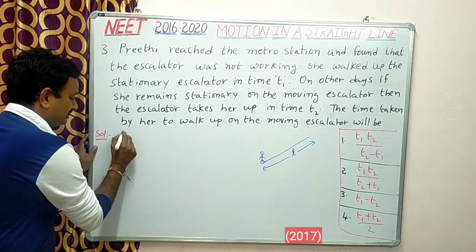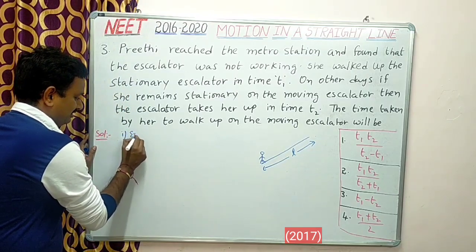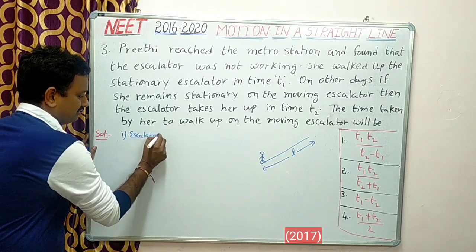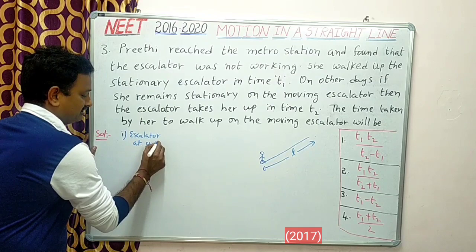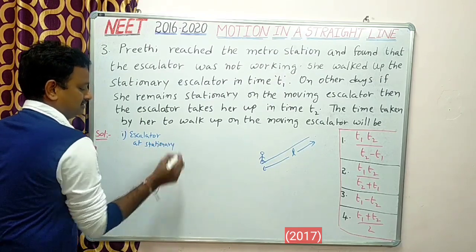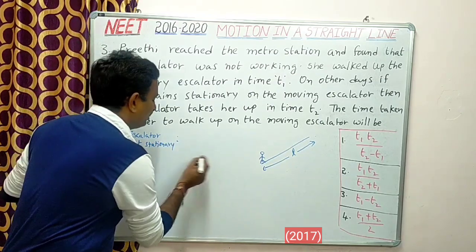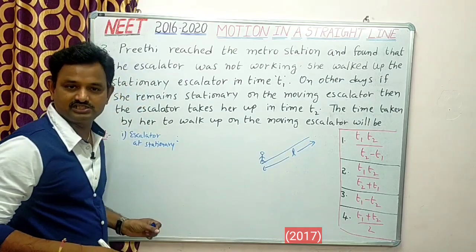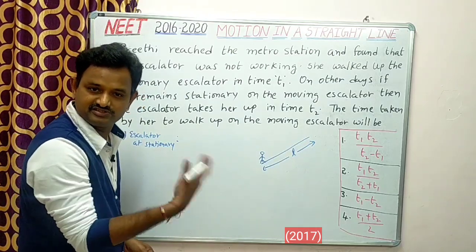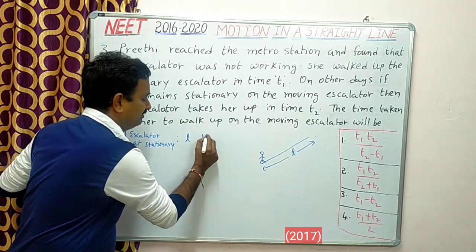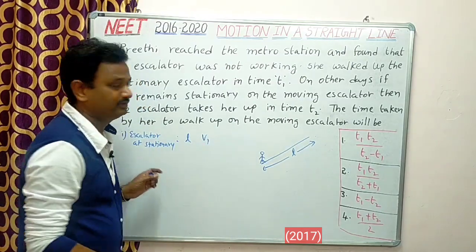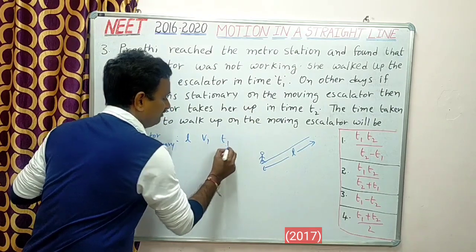See, first case, escalator at stationary position. Okay. So here the distance covered by the escalator is the same. That means length L is the same. And if I consider speed V1 and time taken T1, they are given.